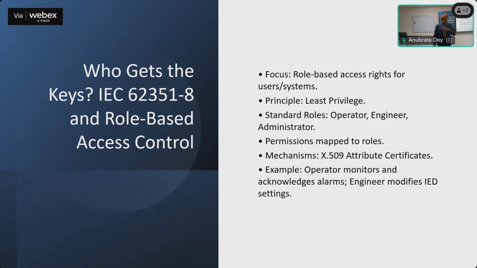Then obviously I have to present my certificate, and at the other end, my certificate will be verified, and it will also be verified that I have the role that gives me access to that particular breaker, and then and only then it will open, right? So this is role-based access, and we will talk a little bit more about that when we talk about the solution. This is part 8 of the standard. So as you see, the standard covers quite a bit of ground.